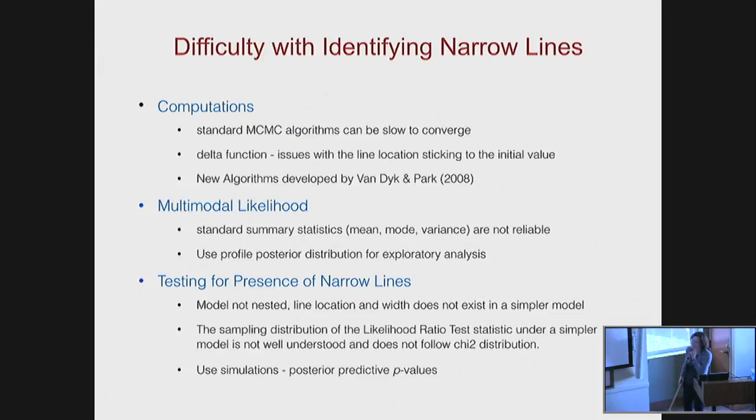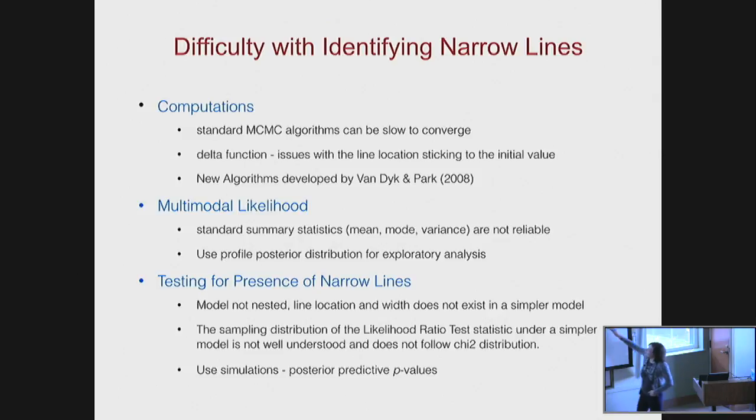So this was sort of an introduction, because I don't think Doug was talking in detail about it, and we were thinking about having somebody talk about samplers. But I wanted to give this introduction before we get into the lines, because there are some difficulties in using just straight MCMC or straight fitting to do this identification of narrow lines.